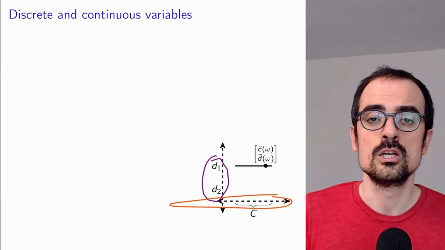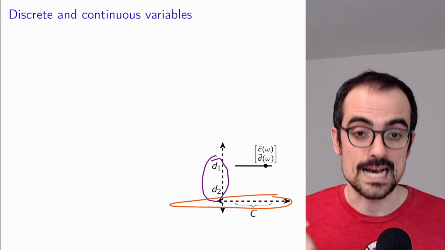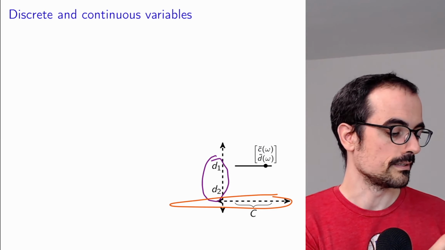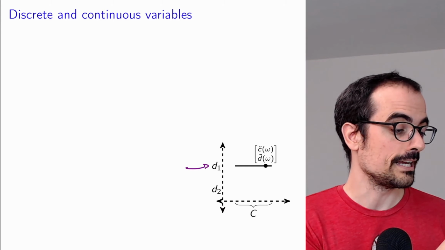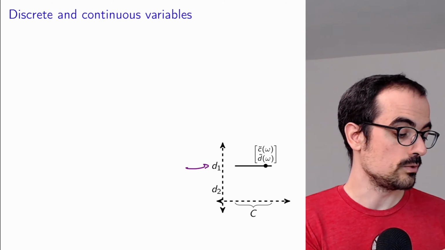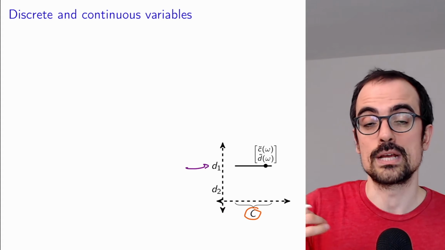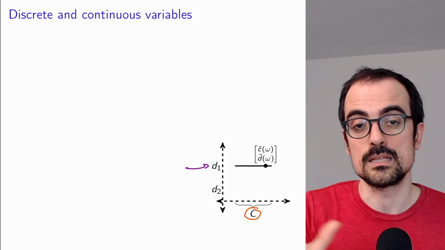We want to be able to refer to the probability that the discrete random variable is equal to d1, and at the same time, the continuous random variable is within a certain interval of the real line. Because remember that when we have continuous variables, the way we work with them is through the probability that they belong to different intervals.